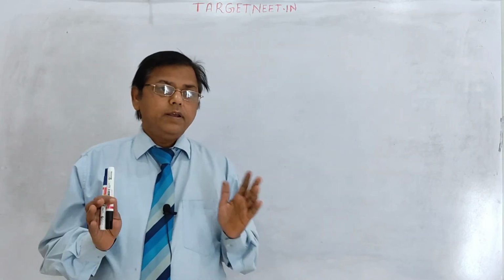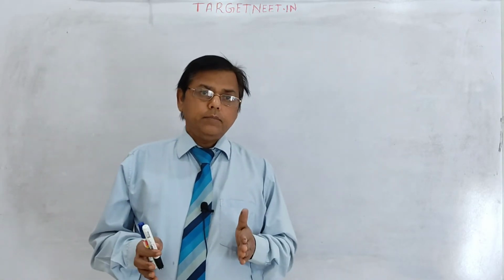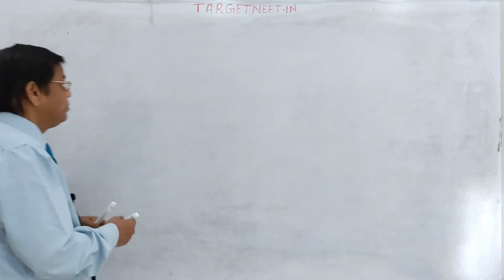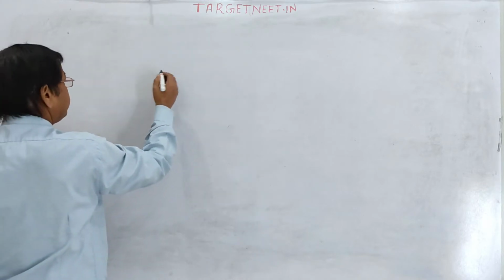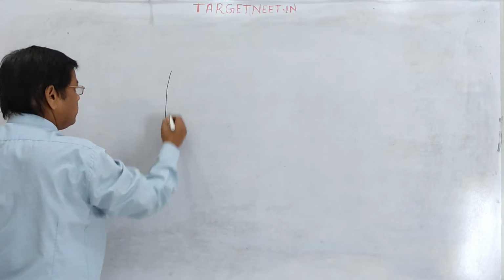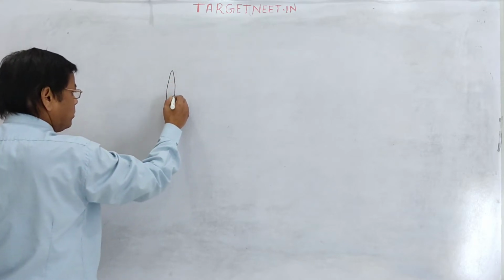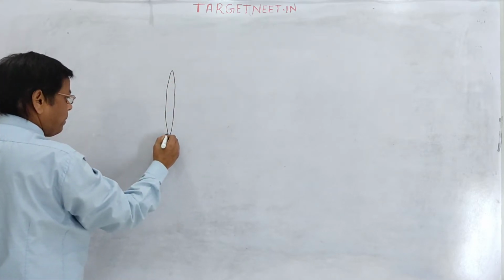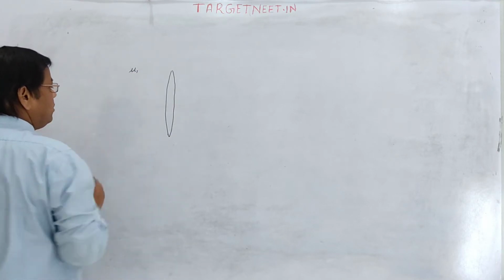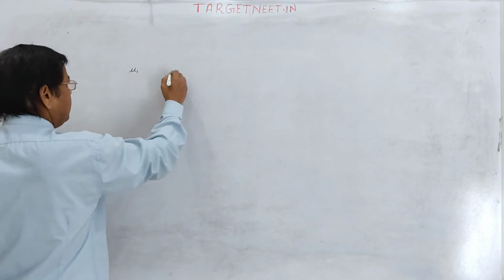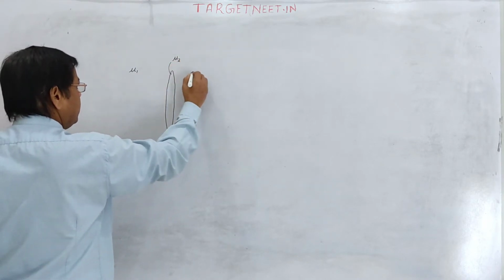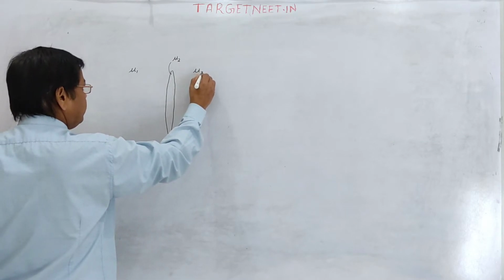Now, focal length of a lens when the medium on both sides of the lens is not the same. See, if this is a lens, suppose on this side the medium has refractive index mu1, the lens material has refractive index mu2, and this side has refractive index mu3.